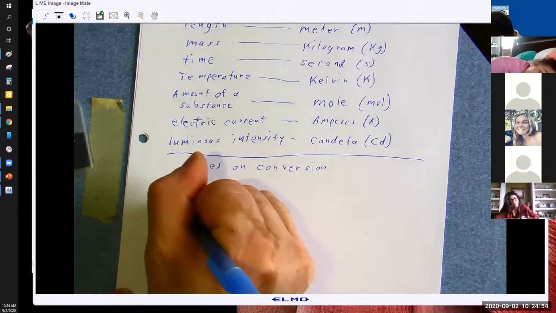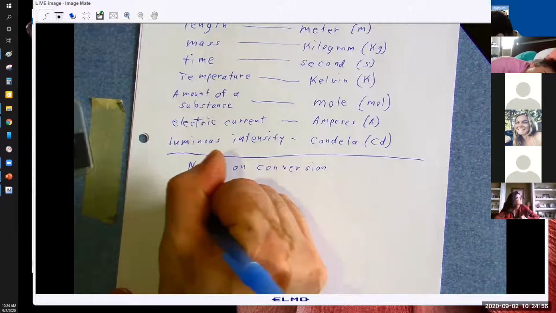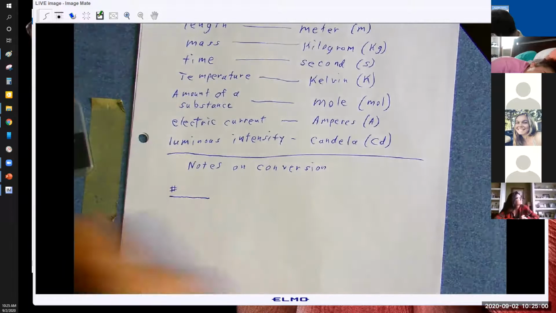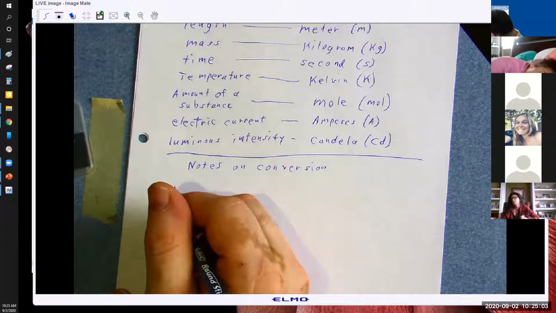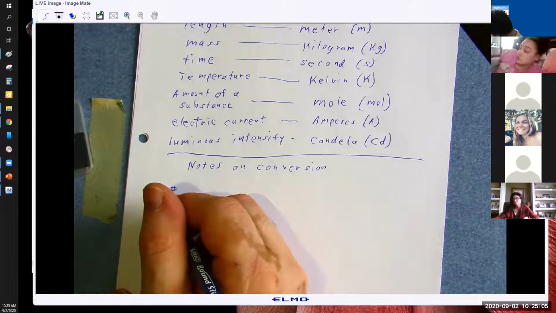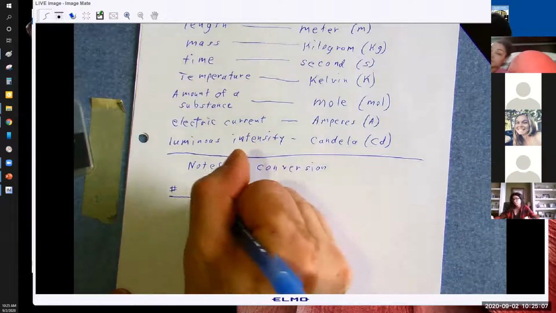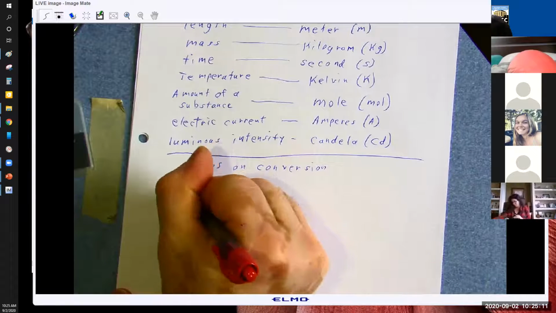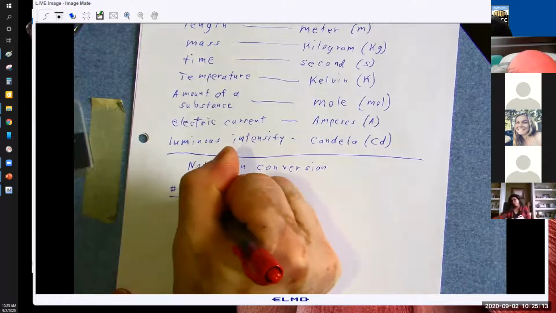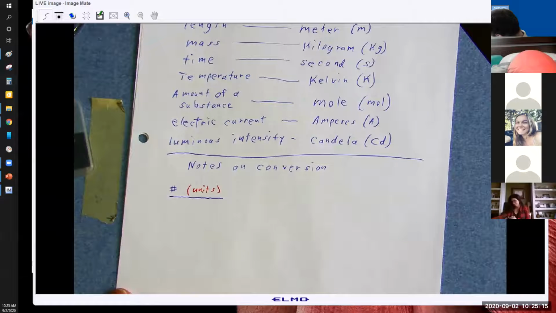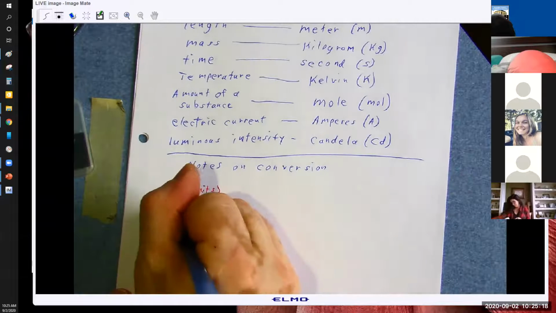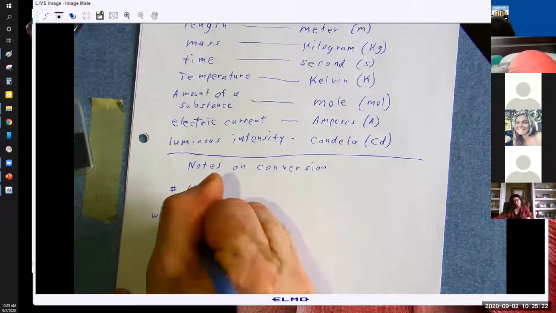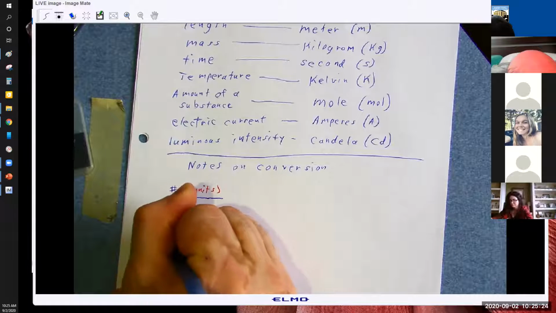I'm going to use two different colors. Let me do the blue first. This is what you start with.